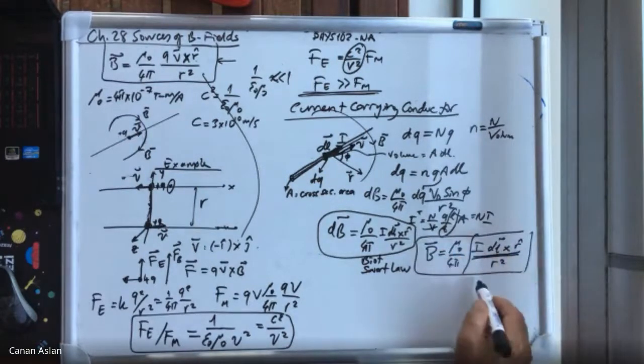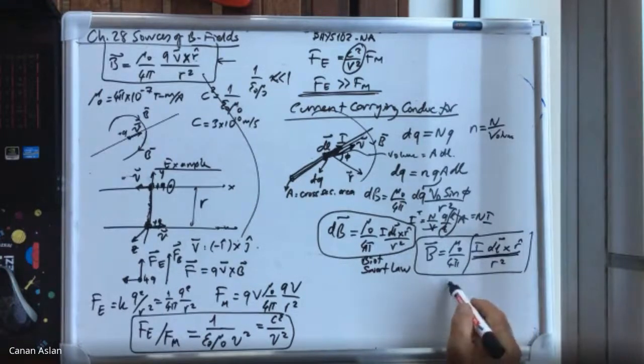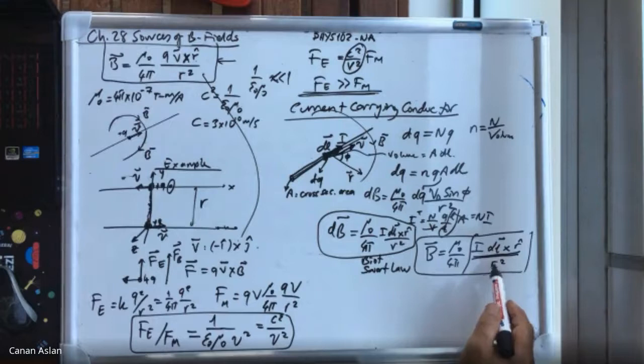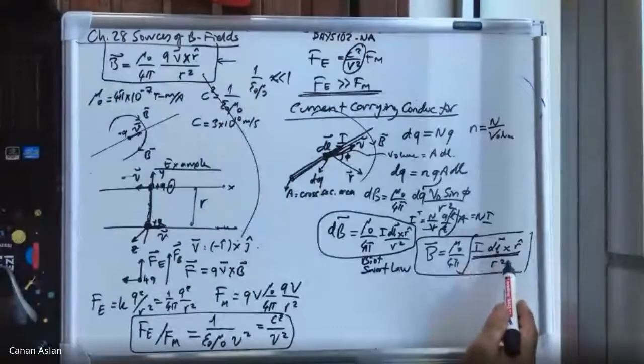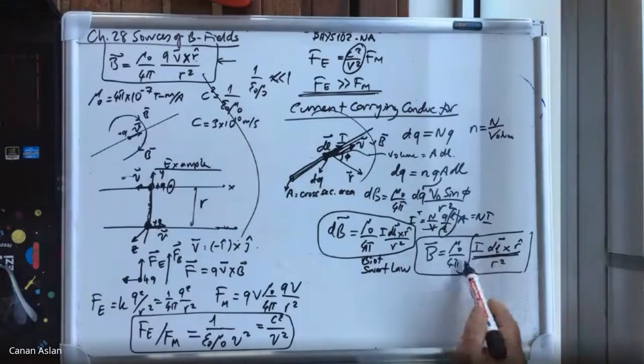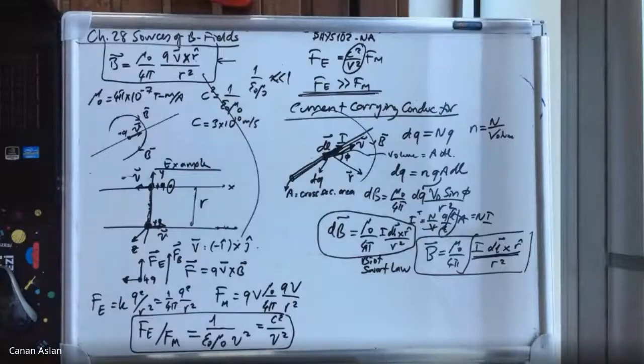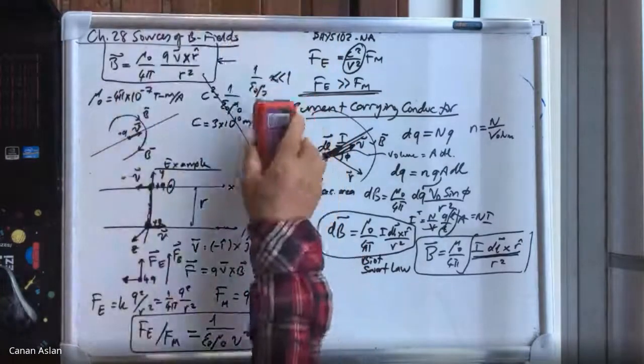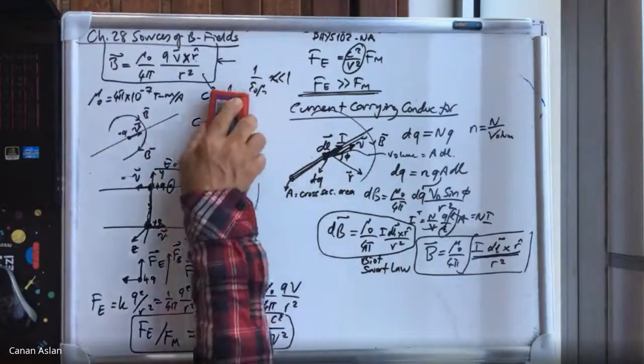So this is a very general formula, but it is not easy to apply. The Biot-Savart law shows that if there is a current-carrying wire, then the magnetic field due to it at any point is given by this expression. Now we will solve some examples as applications of this.